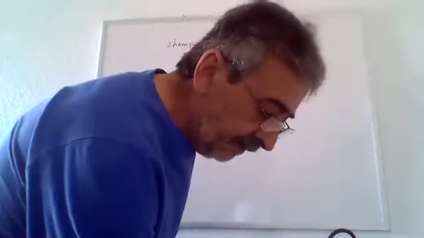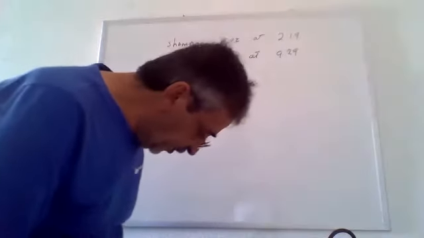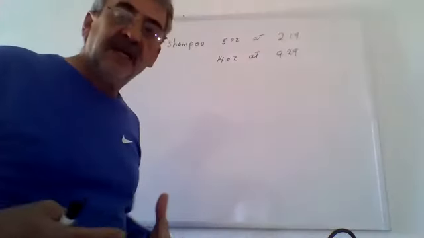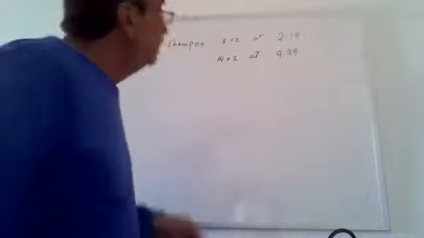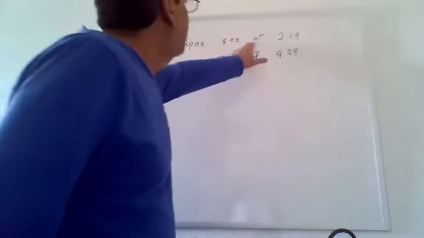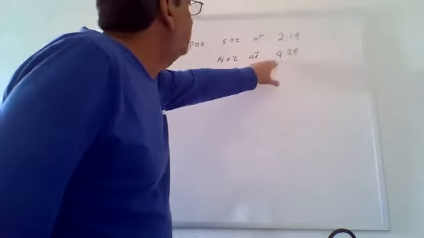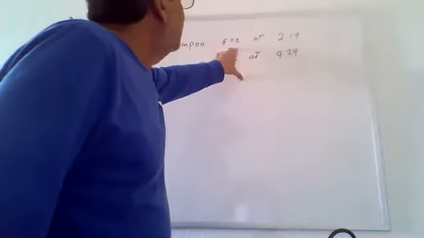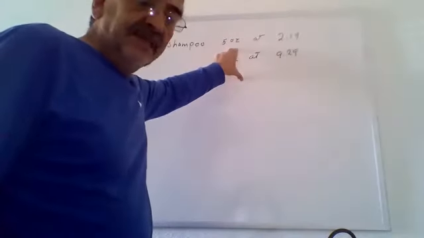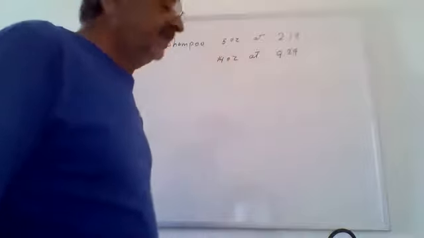In order to compare things, you must compare the same quantity to the same price. So in order to figure out which of those two is a better deal, I need to know the price per ounce for each one.